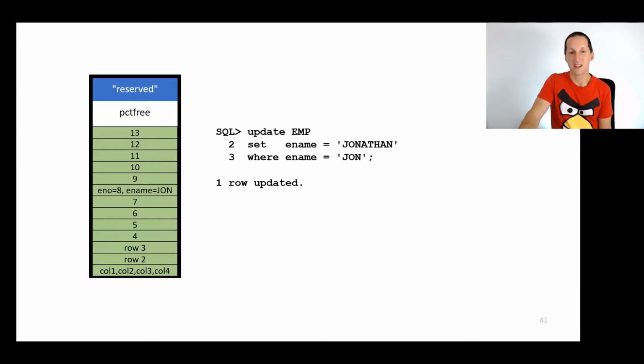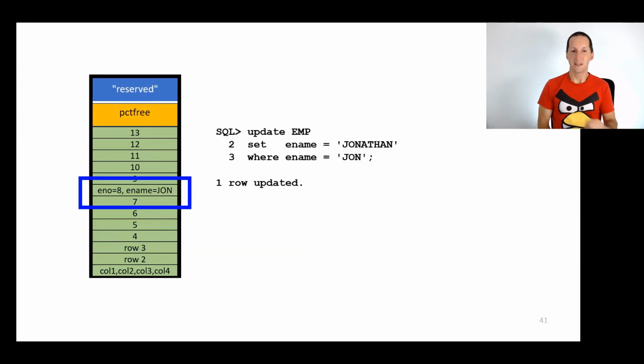I can't do it. That's where % free comes in. I will utilize some of that % free space to relocate that row into the % free space. The bit of data where the row originally sat now becomes free for other operations. So I consume a little bit of my % free to allow these updates for rows which grow.